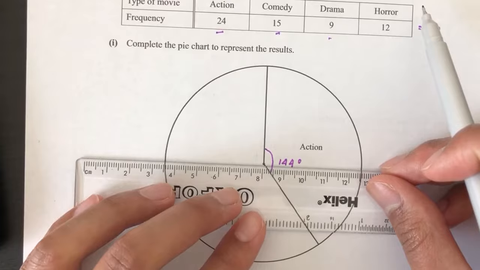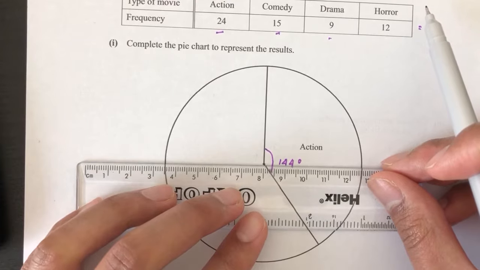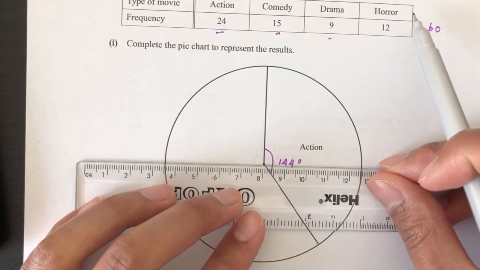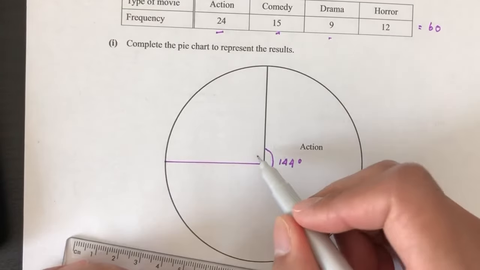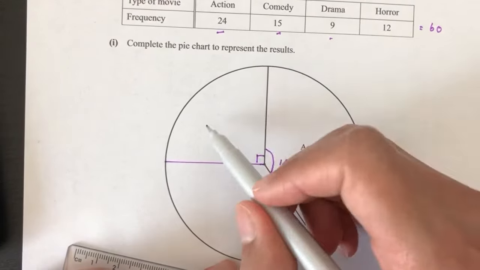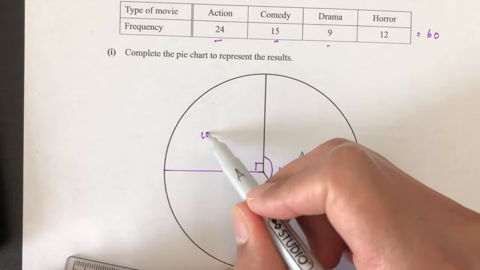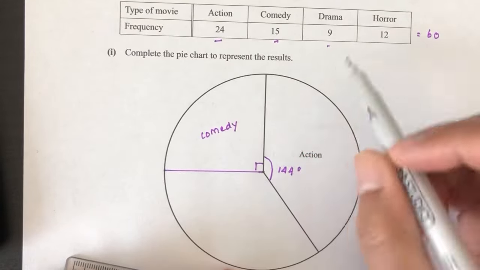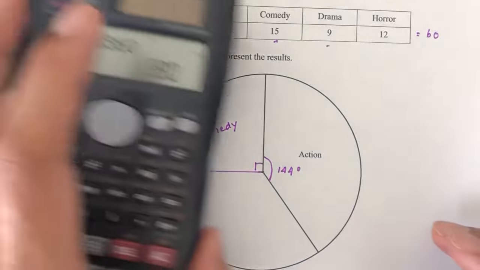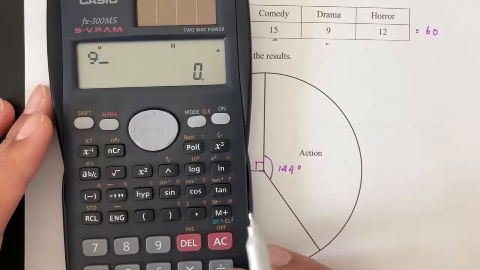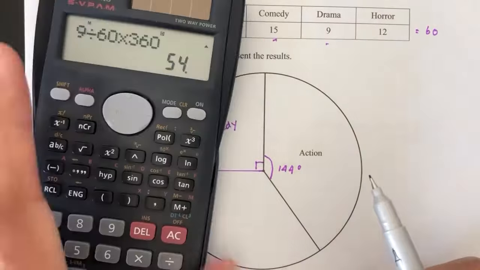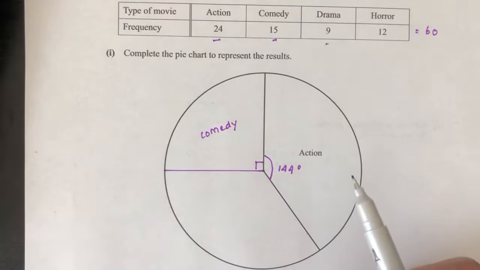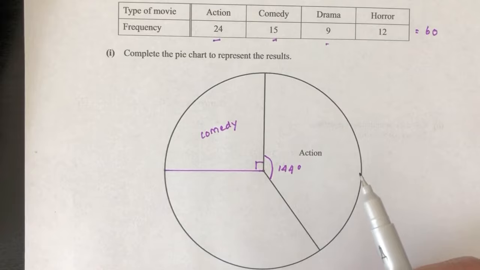So in this case you can also use your protractor to make it as accurate as possible. So 90 will be this line. This is comedy for 90. Now this one's a drama, 9. So 9 divided by 60 times 360, that will be 54.